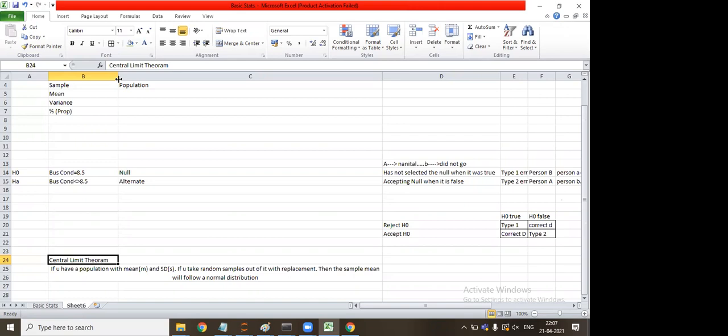Only say, if I take random samples out of the entire population multiple times, that is, if I take 30 random samples out of the population, then the sample mean will start following the normal distribution.